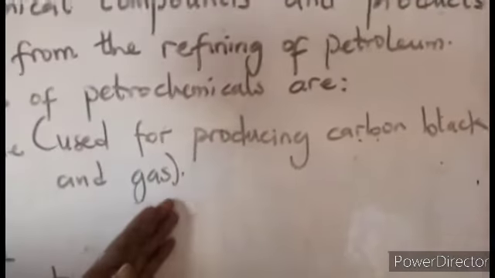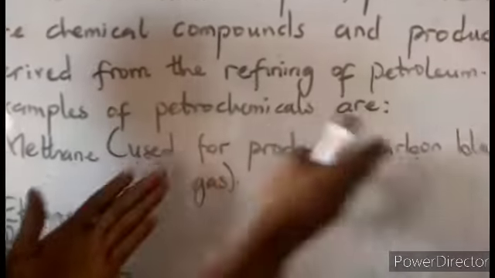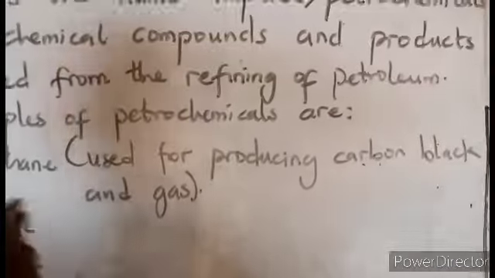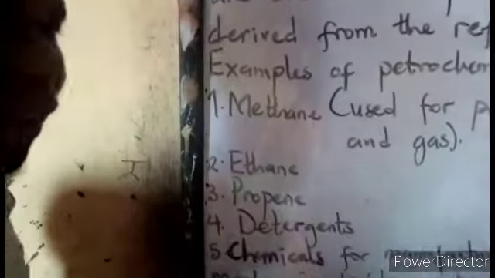I can compare it to concentrated acid. Methane is used for producing carbon black and gas. So you know the meaning of methane now. It's a kind of gas that has no color and no smell, but can burn the body or any object it drops on.